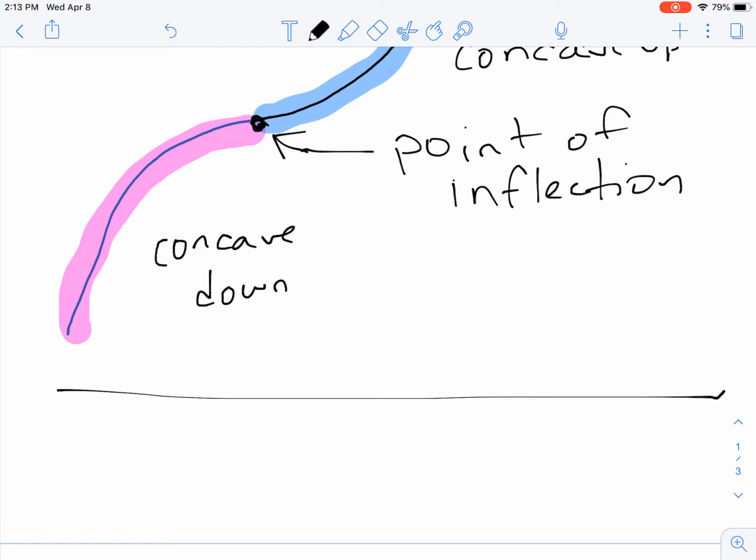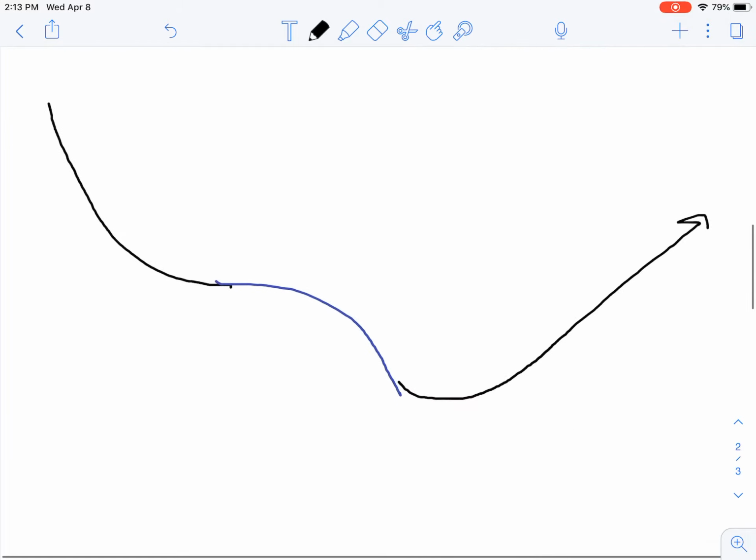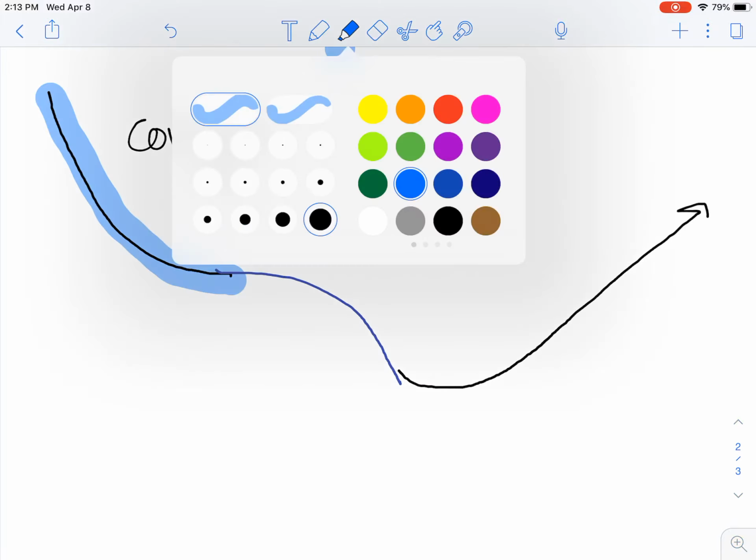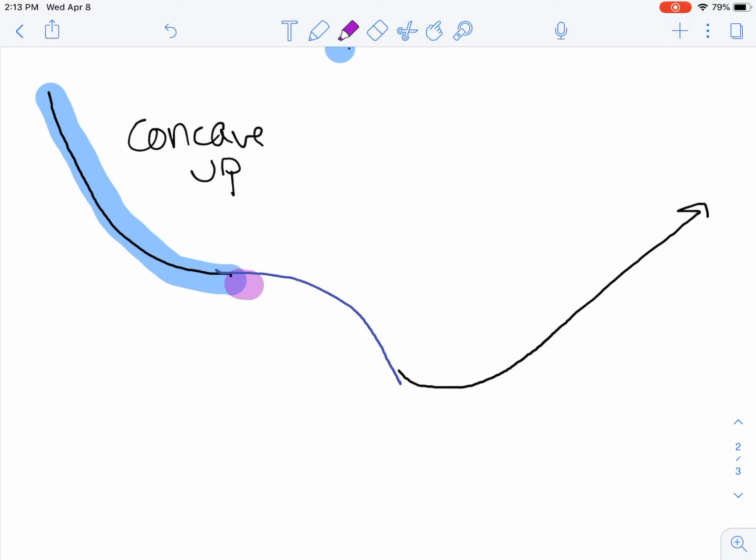Okay, so then we also can have curves that have multiple things. If I look at this and I start drawing, right there is where it stops being concave up and it starts being concave down.